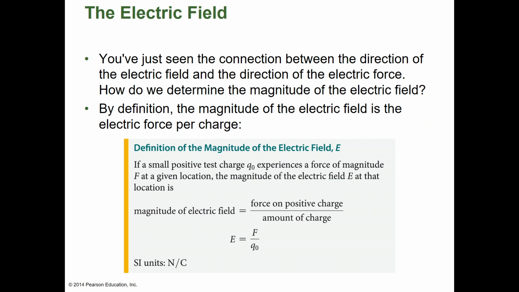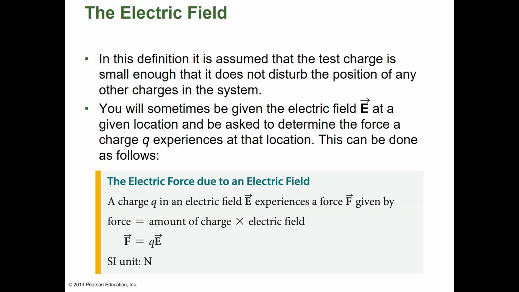So the magnitude of the electrical field is equal to the force on the positive charge divided by the amount of charge. This definition assumes that the test charge is small enough that it does not disturb the position of any other charges in the system.